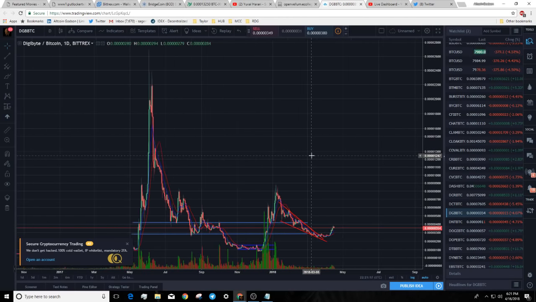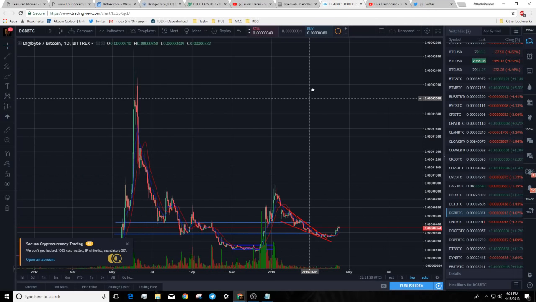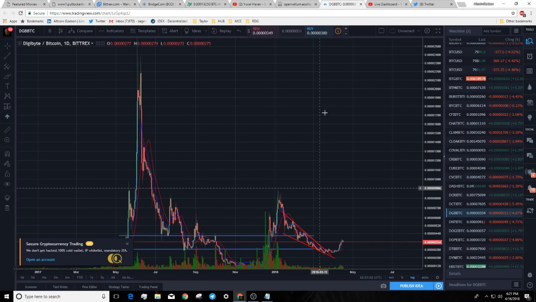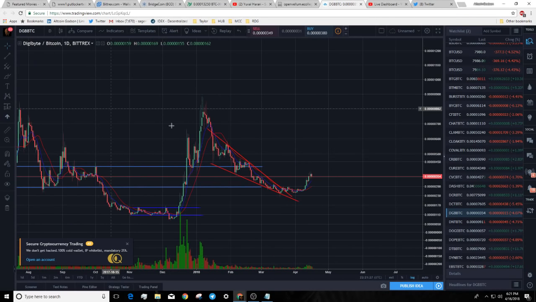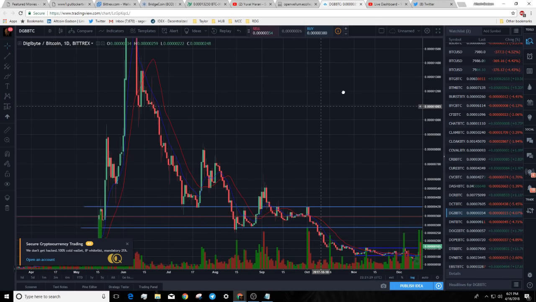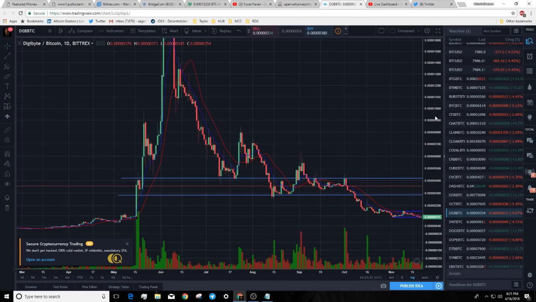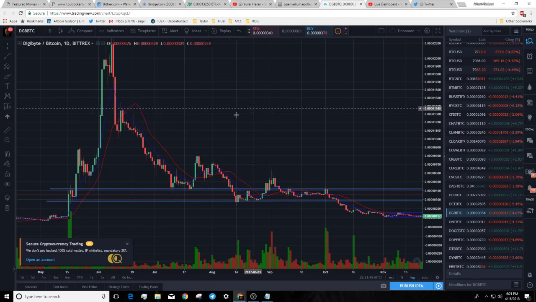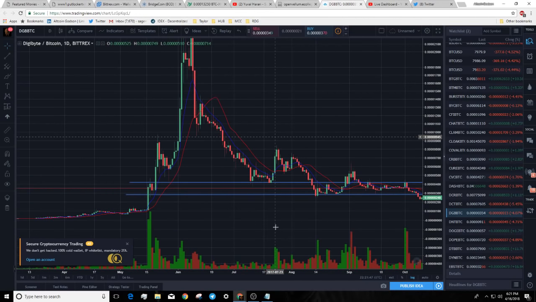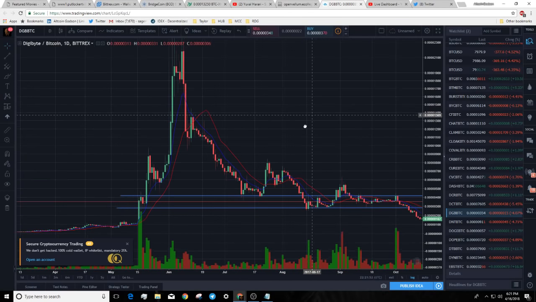This is actually kind of skewed. Even though it's on a log scale, it's still pretty skewed because it's incredibly hard to visually represent coins that go from 10 satoshis to 2,000. But anyways, I like to use a very simple moving average indicator to decide when the uptrend is over.